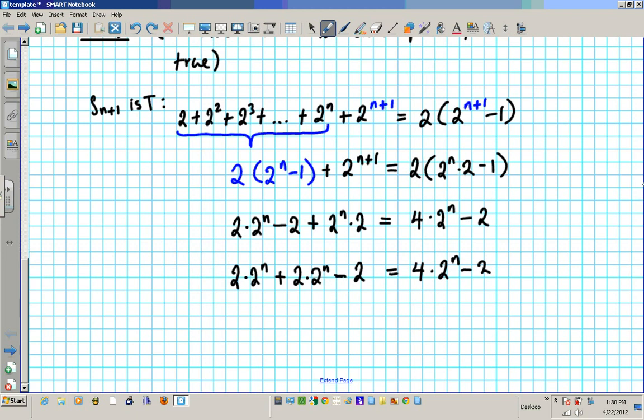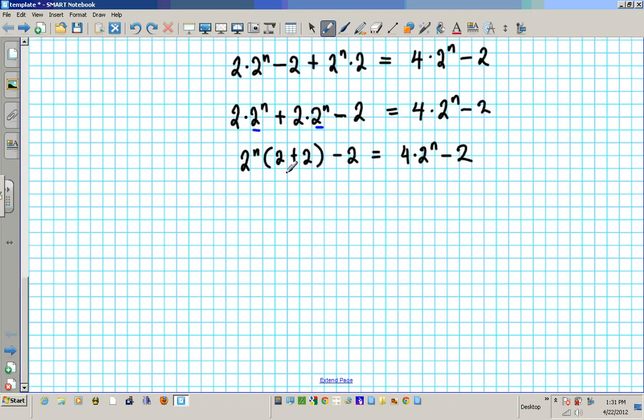Okay? Now, if you look on this side right here, I can factor out 2 to the n. So I'll factor out 2 to the n and 2 to the n. Factoring out 2 to the n, I'll be left with 2 plus 2 minus 2 equals 4 times 2 to the n minus 2.